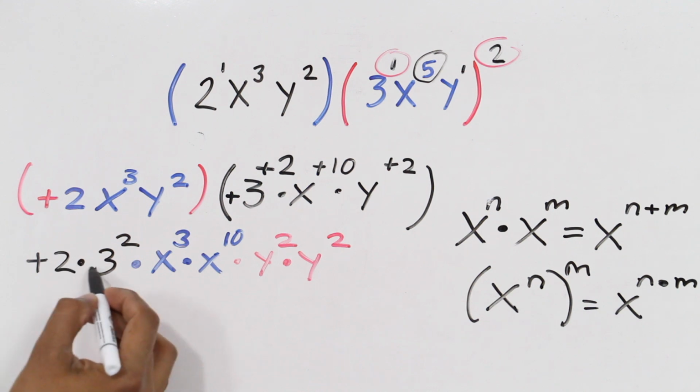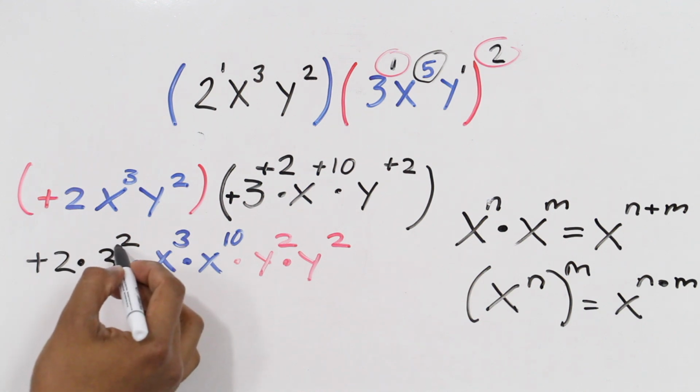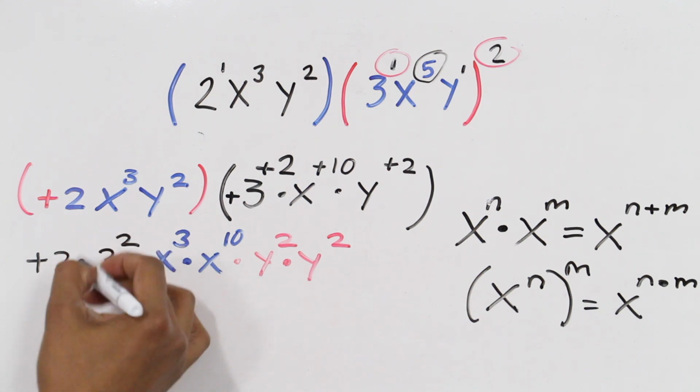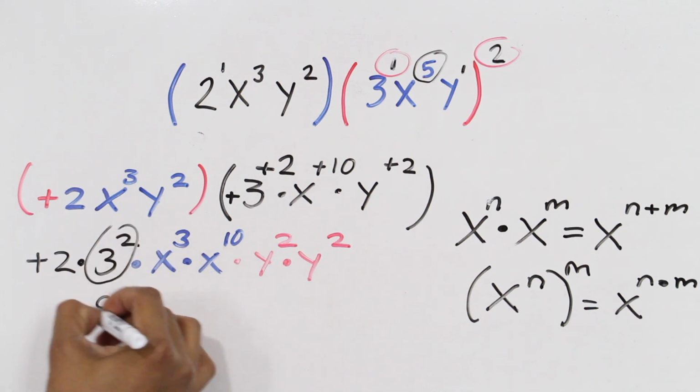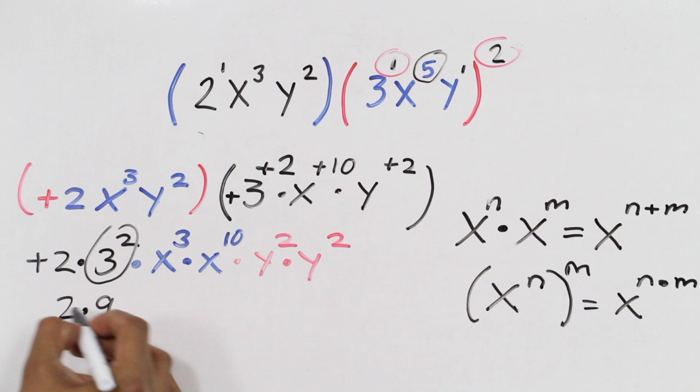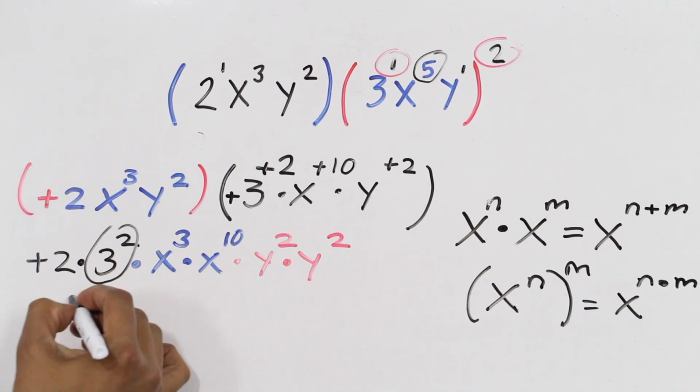To multiply numbers, if one of them has an exponent, first you need to do that operation. It means 3 times 3 equals 9, and then you multiply by 2, that is going to be 18 at the end.